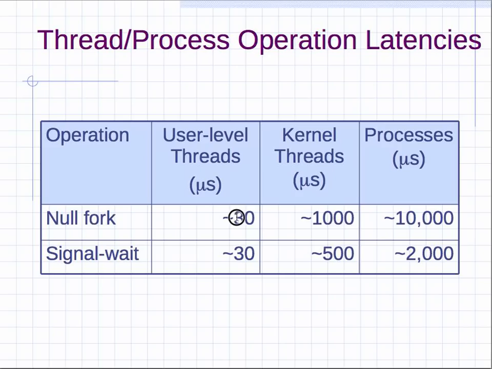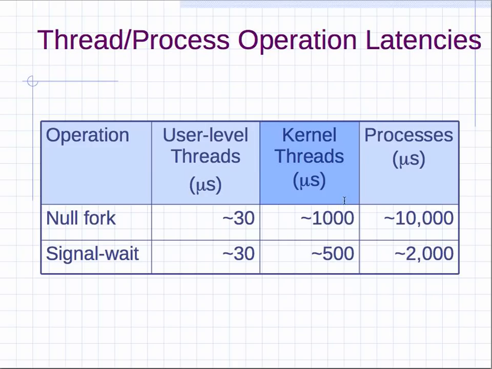So just to start up a thread and exit, a user level thread will take 30 microseconds, as opposed to a kernel thread, which might take 1,000 microseconds. The kind we will be using is the kernel thread, although it doesn't take this long these days. In comparison to user level threads, kernel threads are about 30 times slower.